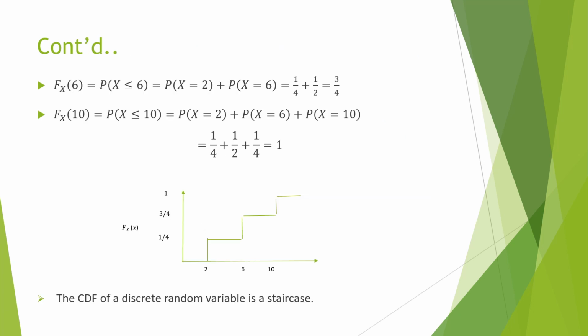We are drawing the CDF for the given diagram. For clarity, I'm just redrawing the previous example again here. We have 2, 6 and 10, and here we have 1 by 2, this is 1 by 4, and here we have 1 by 4 again.